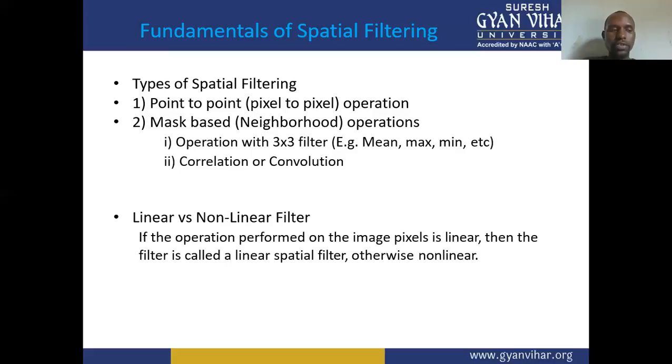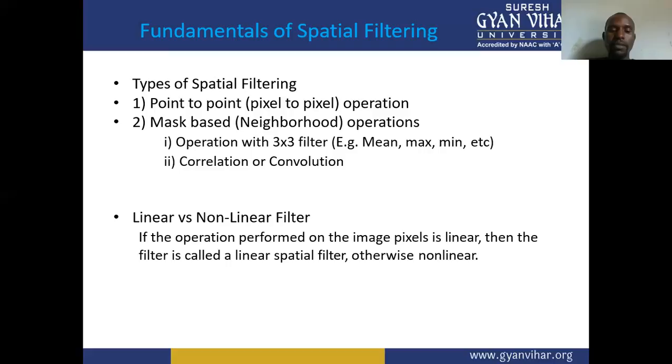The second operation is known as correlation or convolution. Correlation means that you are trying to look for a relationship that exists between different data items. For example, if we are trying to identify how the features present in one region of an image are similar to another region of an image, that is known as correlation.